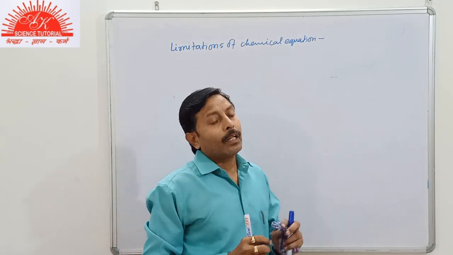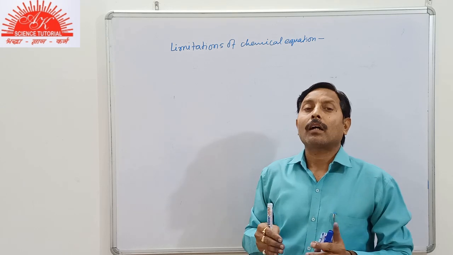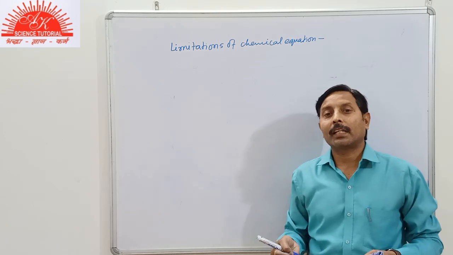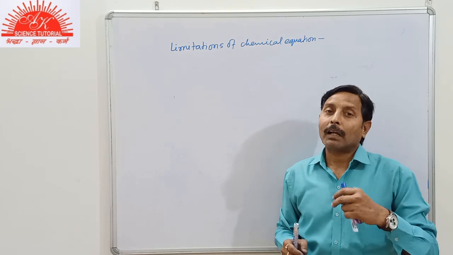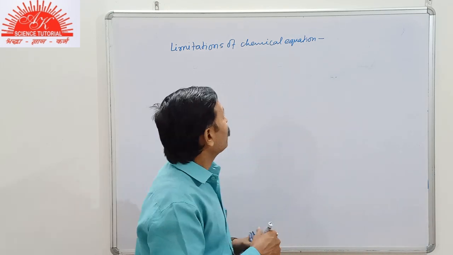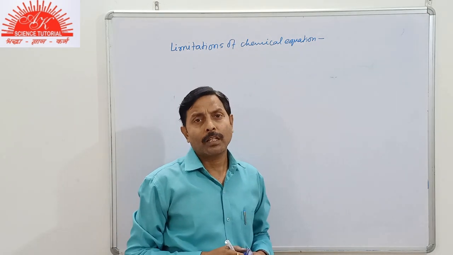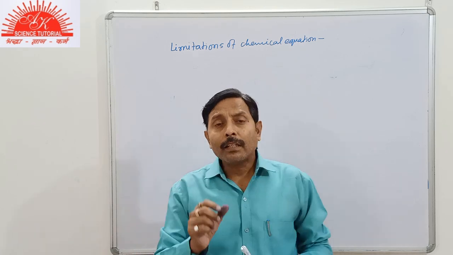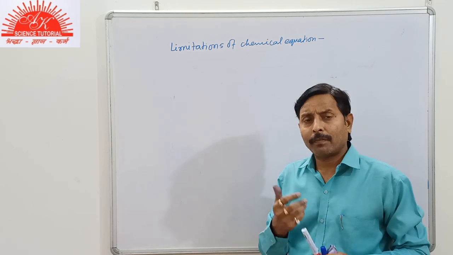Students, now we have studied what a chemical equation is, what an unbalanced and balanced chemical equation is, and how to balance them, which will be useful to you for the examination. Now, there are some limitations of a chemical equation. Limitations means drawbacks, demerits. When we write simple equations, there may be some demerits.